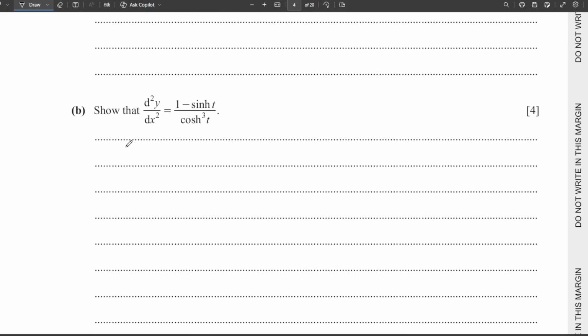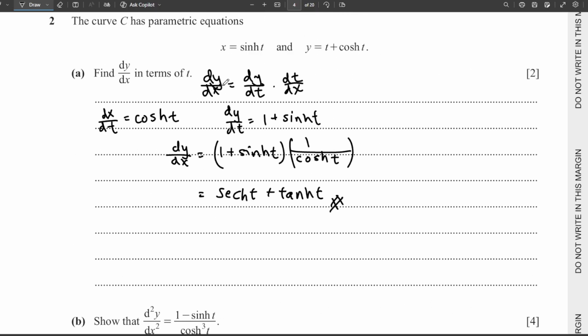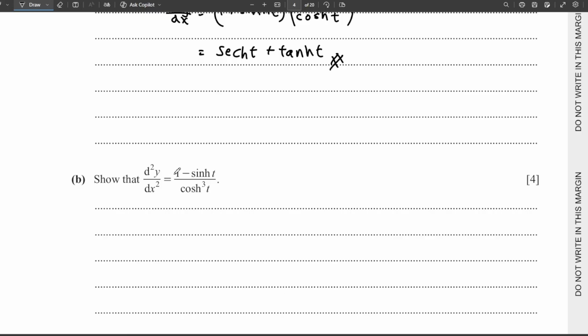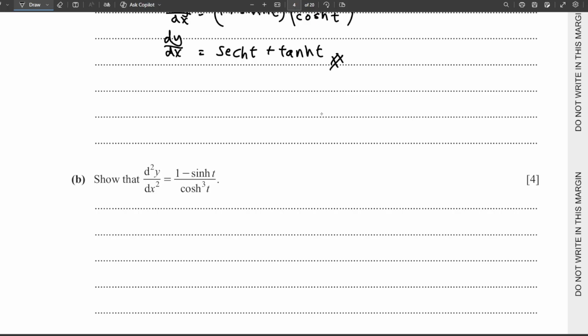which wants us to find the second derivative of this dy/dx. Again, we found here dy/dx is in terms of t, so we still have to take the derivative in terms of t, and again use the chain rule. The second derivative, I'll write here first.